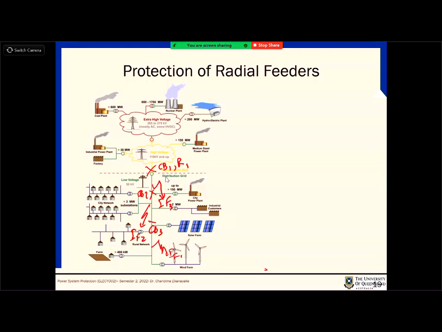But if for this fault circuit breaker 1 still operates, then there is no point of putting circuit breaker 3 there. So we want to coordinate these circuit breakers in such a way that circuit breaker 3 will look after IF1, but if it cannot, then circuit breaker 2 will operate. If both of them cannot look after this IF1 fault, then circuit breaker 1 will operate. So you have to have some sort of communication between the relays.